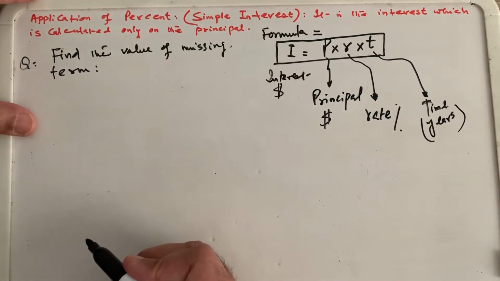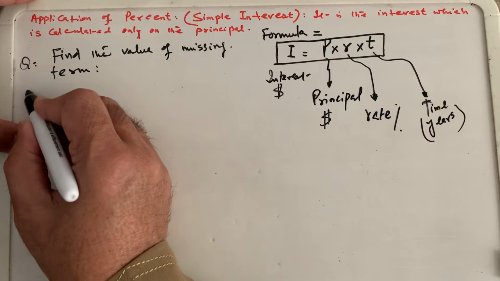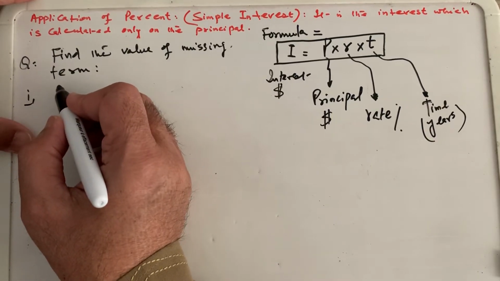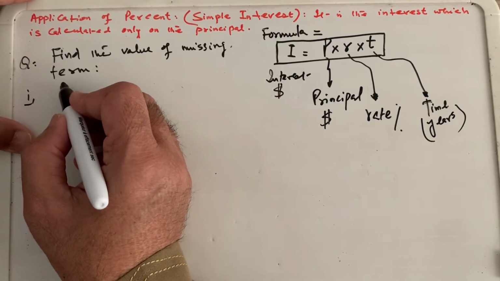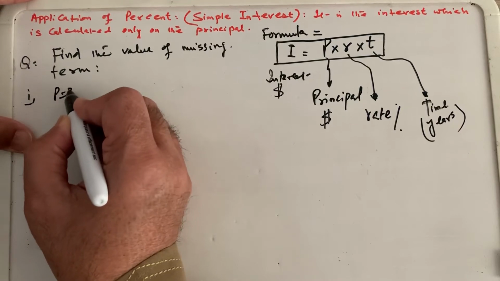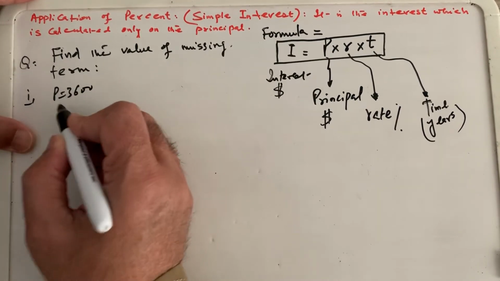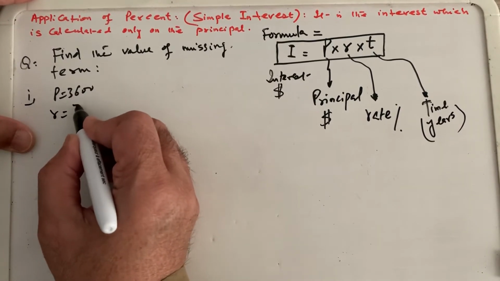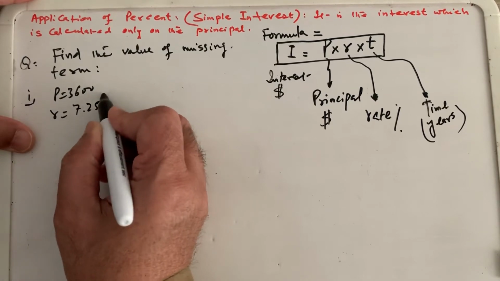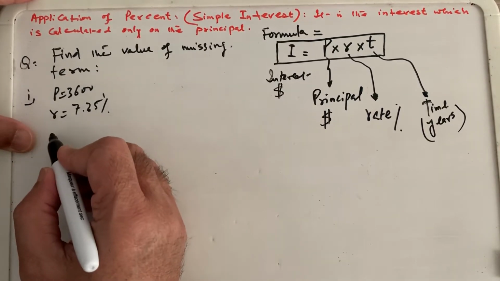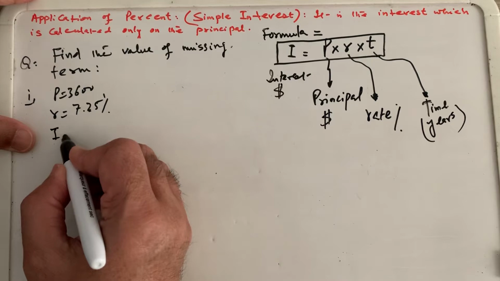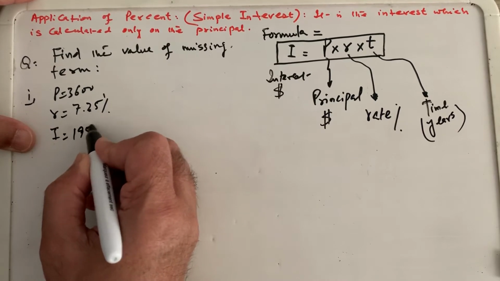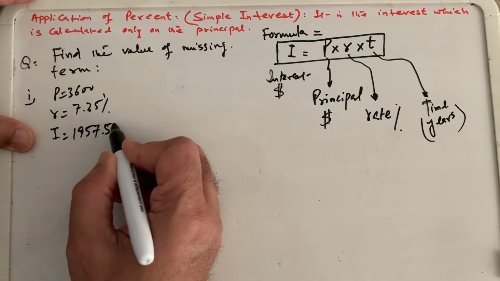So in the first part here, let's say P is 3600 and R is 7.25%, right? And I is $1,957.50.